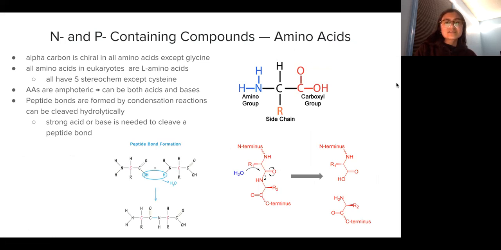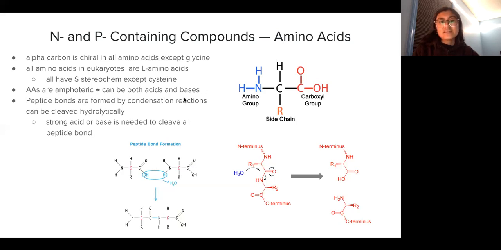All right, so we'll jump into amino acids just for a little bit. This is the general structure. You have your carboxyl group, your amino group, your side chain, and your central carbon here. This alpha carbon is chiral in all amino acids except glycine. All amino acids are L amino acids and all have S stereochemistry except for cysteine.